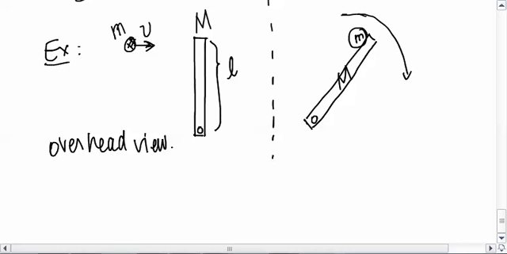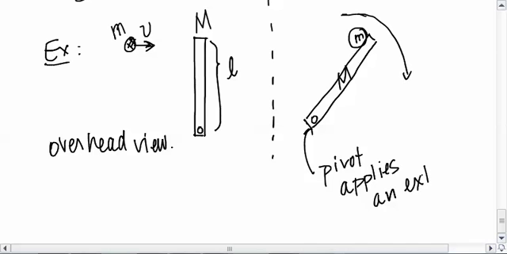During this collision, is there anything that's applying an outside force to this system? The pivot point. So it applies an external force.